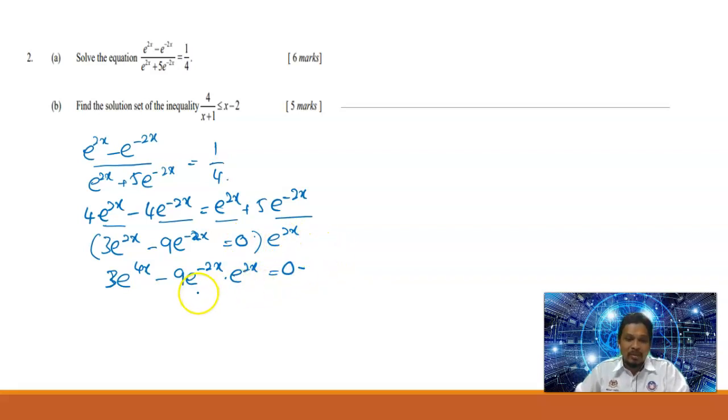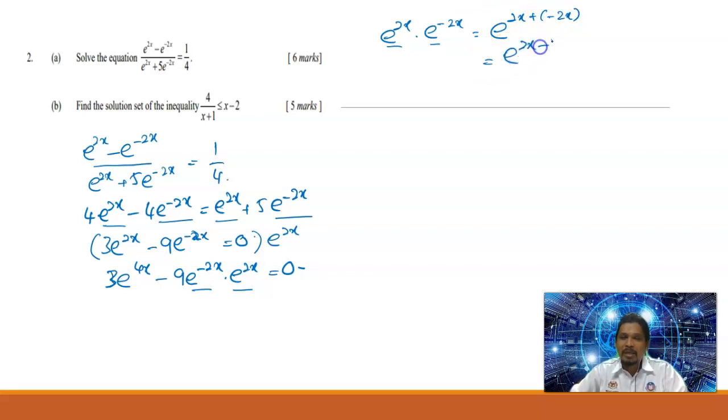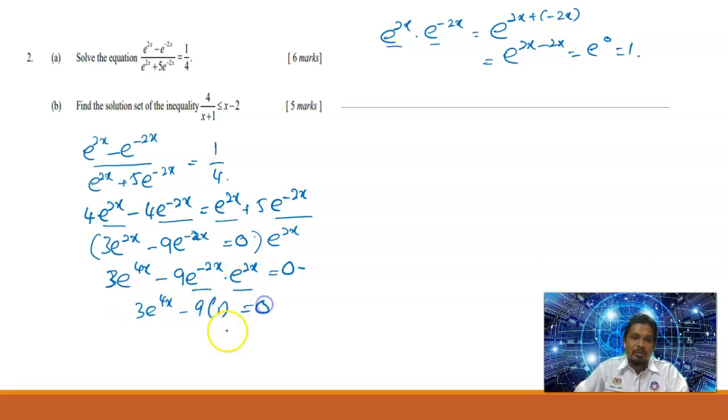Look at this one here now. e power of 2x multiplied with e power of negative 2x. Because it is multiplication between these two with the same base, we add the powers: e power of 2x minus 2x equals e to the power of 0, which is equal to 1. So 3e power of 4x minus 9 times 1 equals 0.